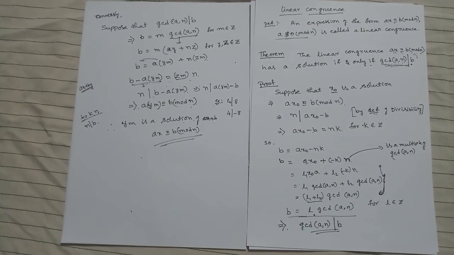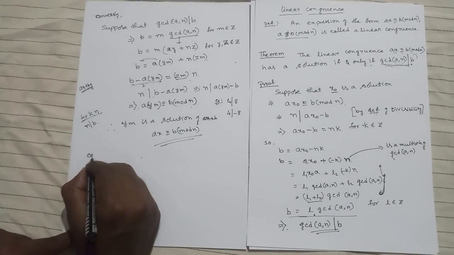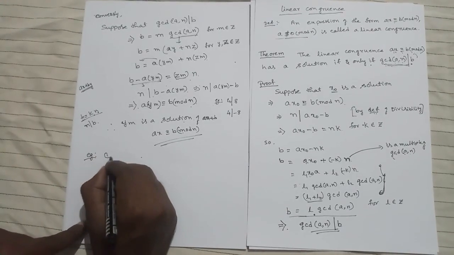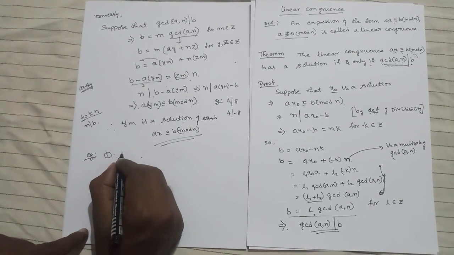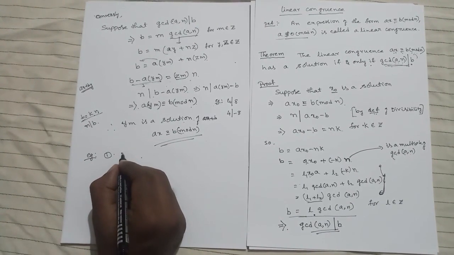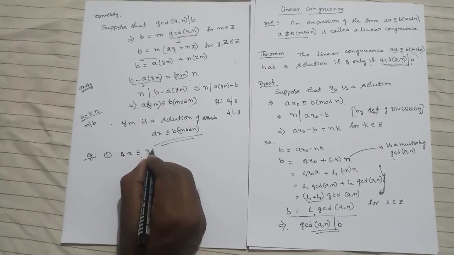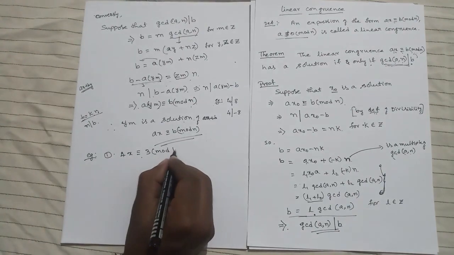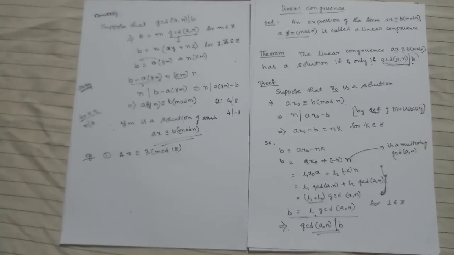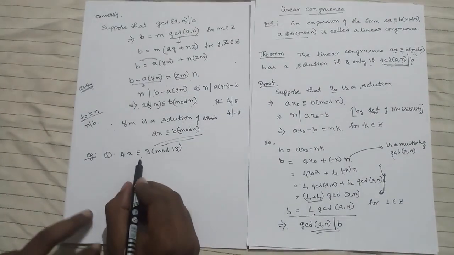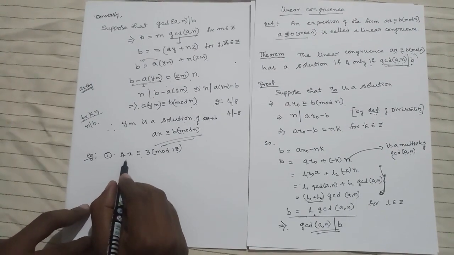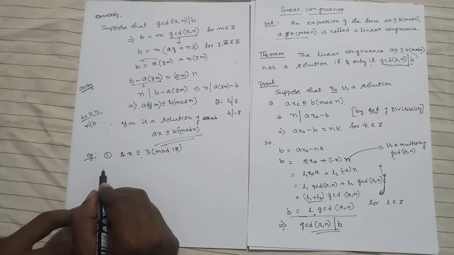So here, for example, I'll give one. First one, the following linear congruence: 4x is congruent to 3 mod 18. So when you get a solution, you have to check it.